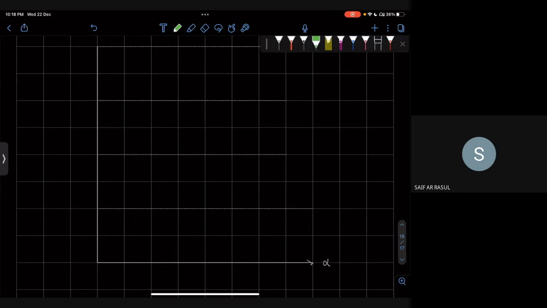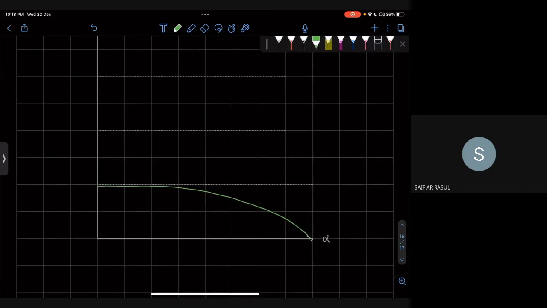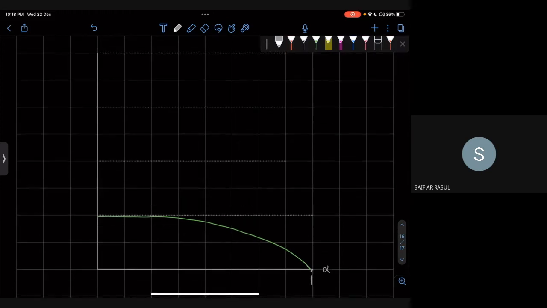Okay. So here, alpha goes to 1. Of course, alpha cannot be greater than 1. And here we have the first branch.